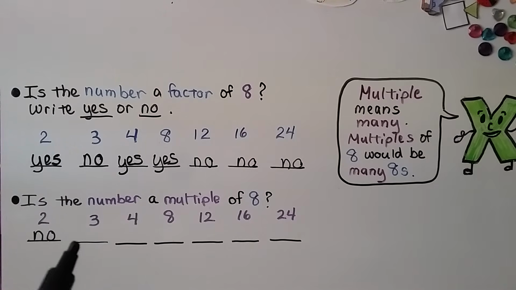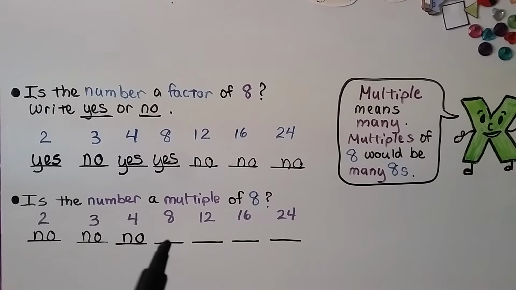Can we say 3 is a multiple of 8? Is 8 times something 3? Can you think of a counting number that we can multiply by 8 to equal 3? No. It's too small also, isn't it? And so is the 4.